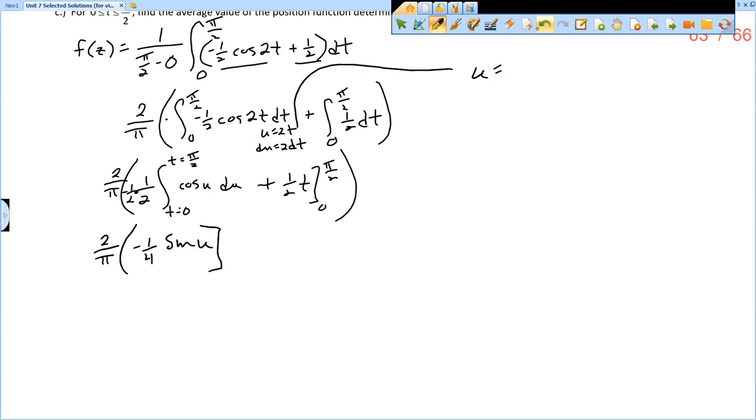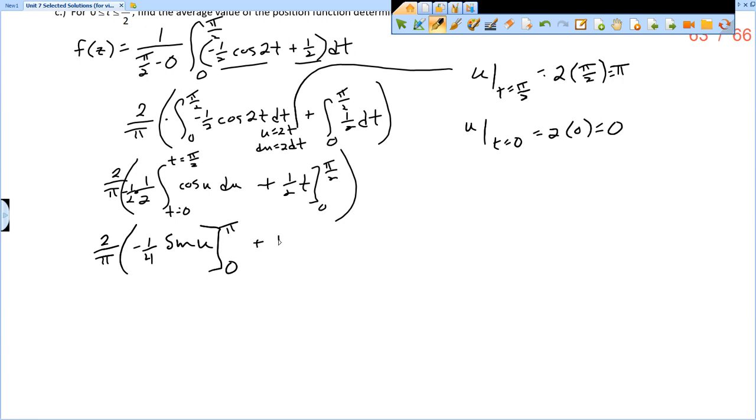If u is 2t, what is u when t equals pi over 2? Well, that would be 2 times pi over 2, so the upper limit is just pi. So we're going to evaluate from pi there. And what is u when t is 0? Well, 2 times 0 is just 0. So we are going to go from 0 to pi.